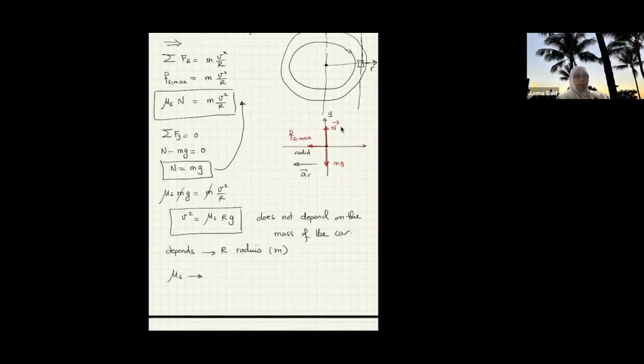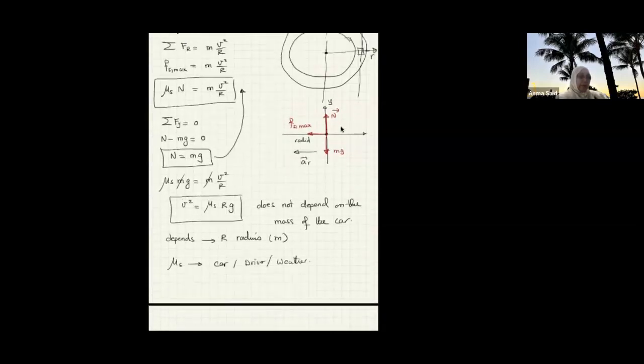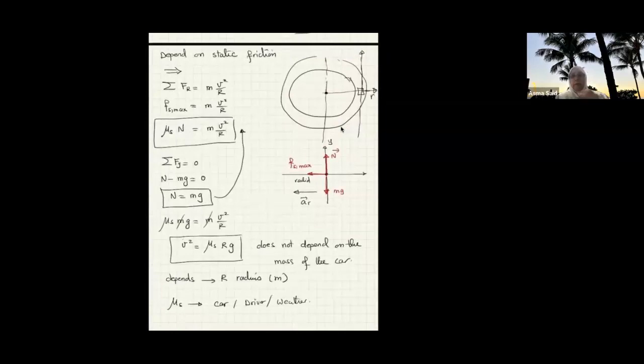And that mu s, I cannot depend on that, because that mu s depends on many factors. It depends on the car. It depends on the driver. It depends on the weather, like many factors, right? Then maybe it's not safe to have these roads unbanked.